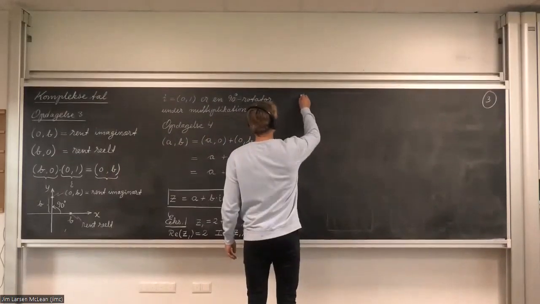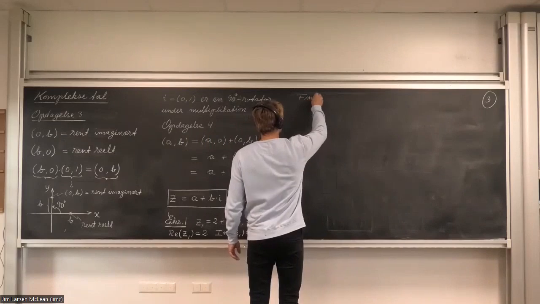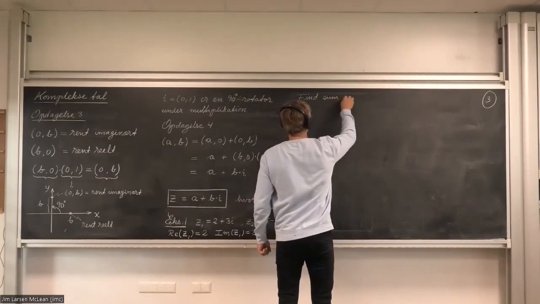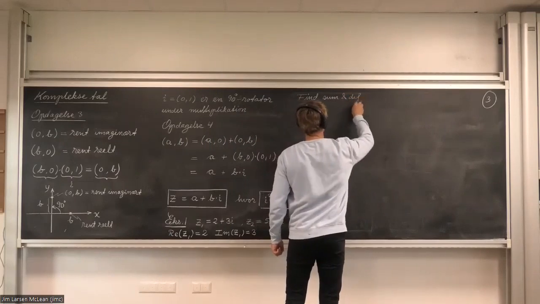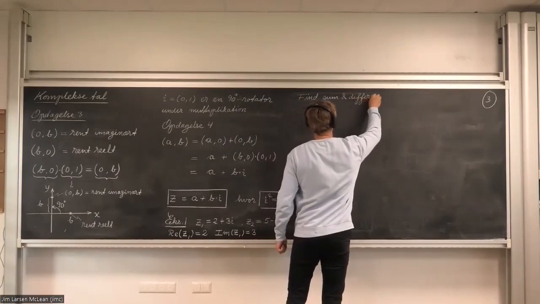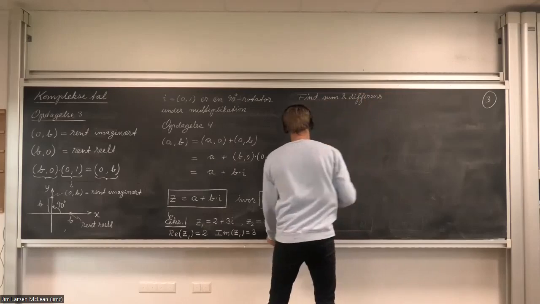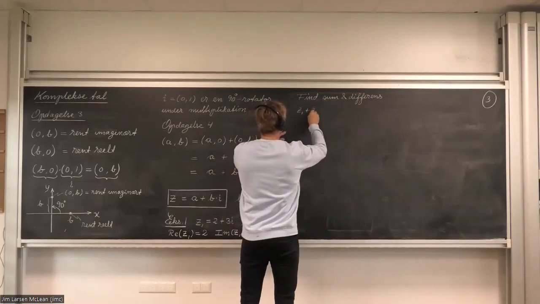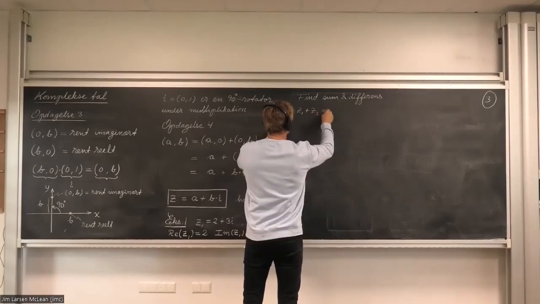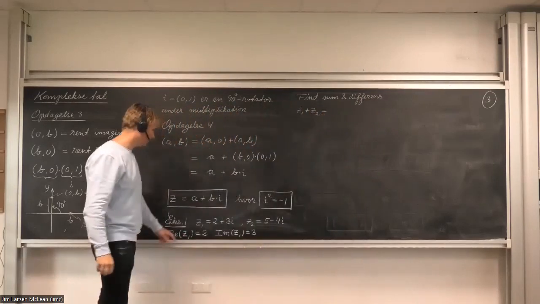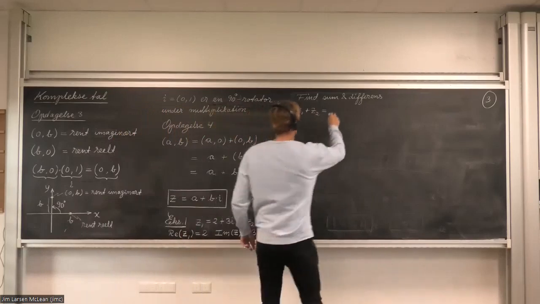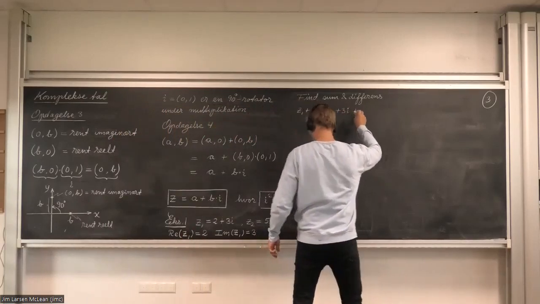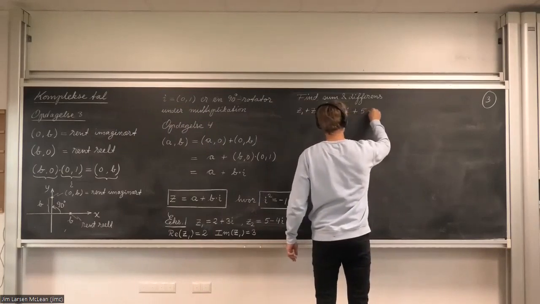So let's find the sum and the difference, and see the connections. So what becomes z1 plus z2? Well, thankfully, it's really easy. It's 2 plus 3i, which just needs to be added to 5 minus 4i.